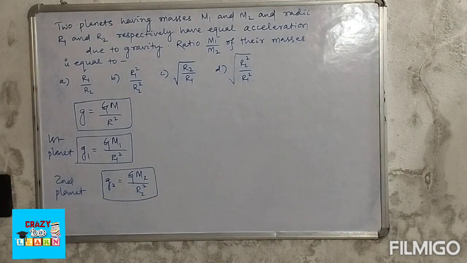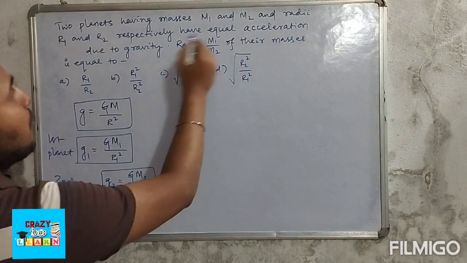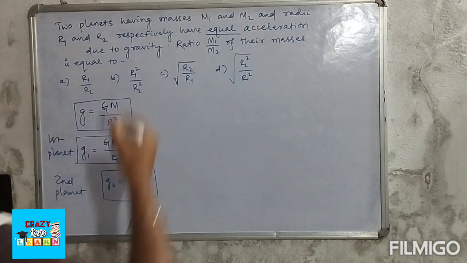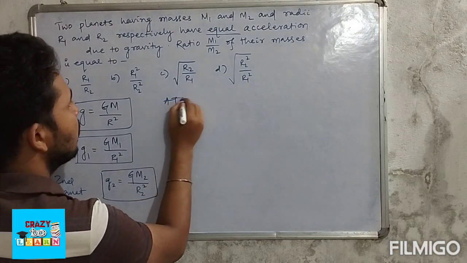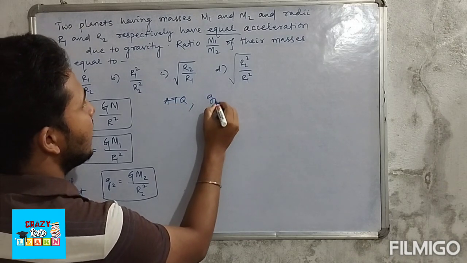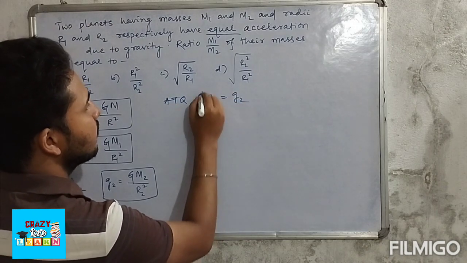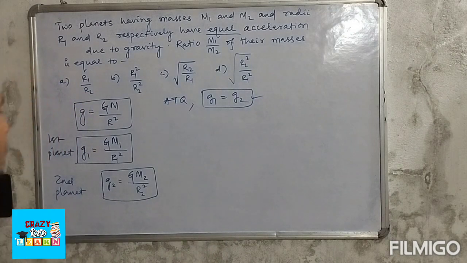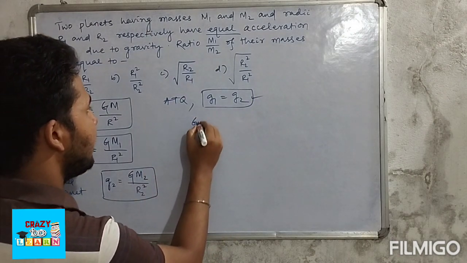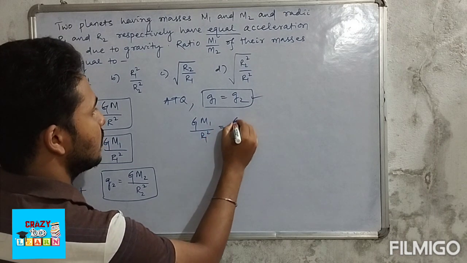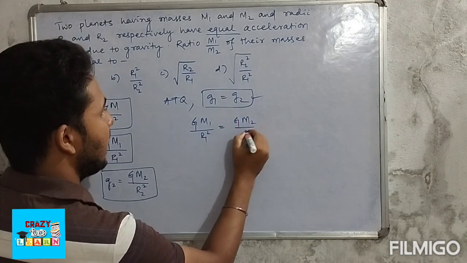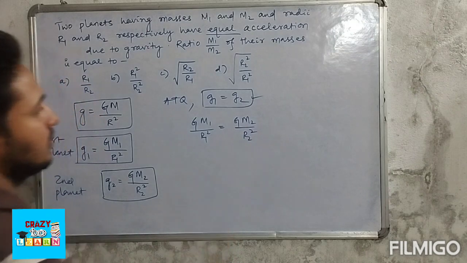According to our question, they both have equal acceleration due to gravity. That means g1 is equal to g2. Clear? So put the values: capital G m1 by r1 square is equal to capital G m2 by r2 square.